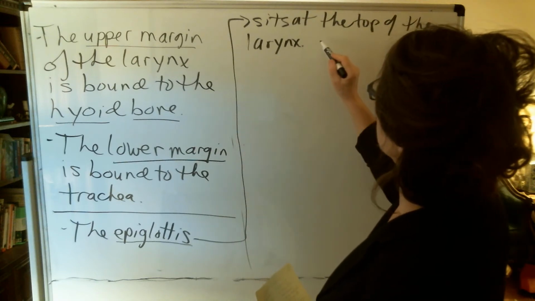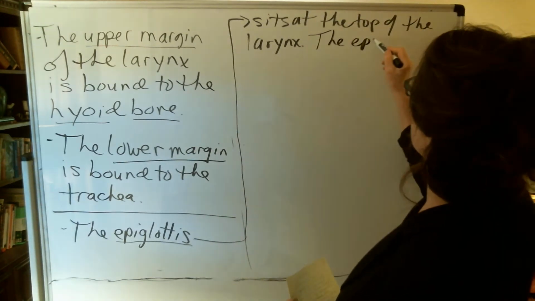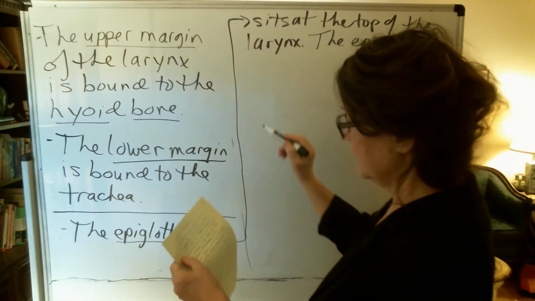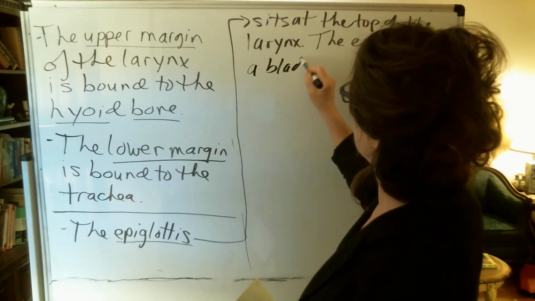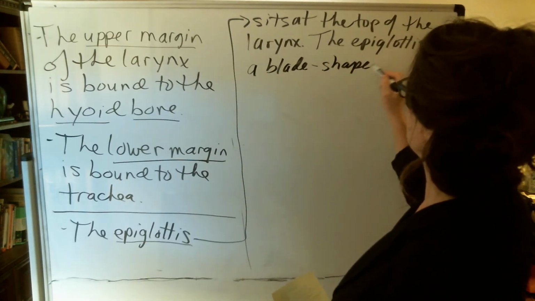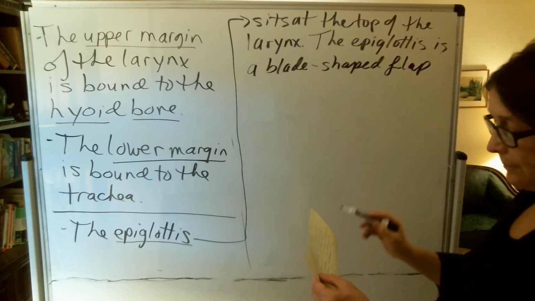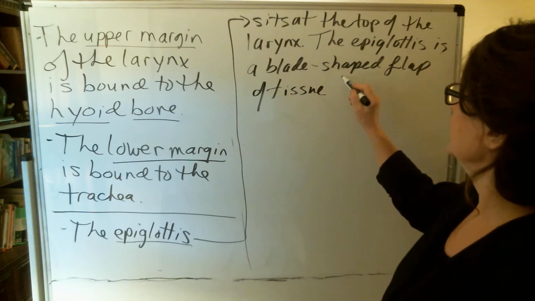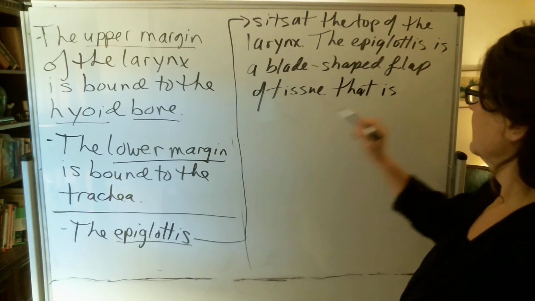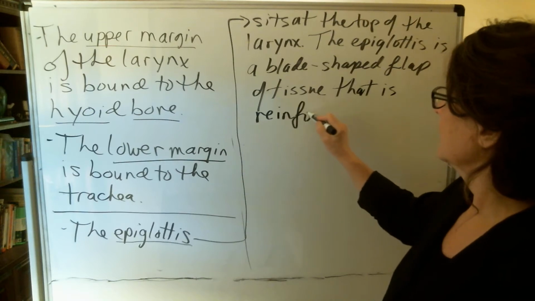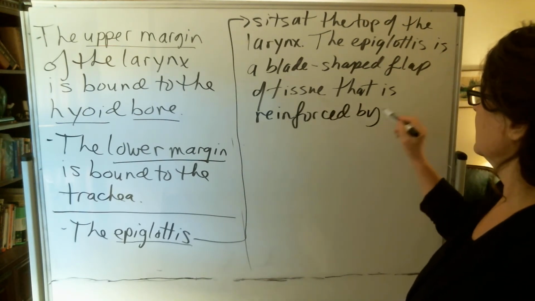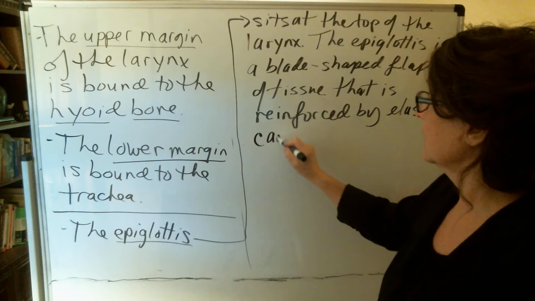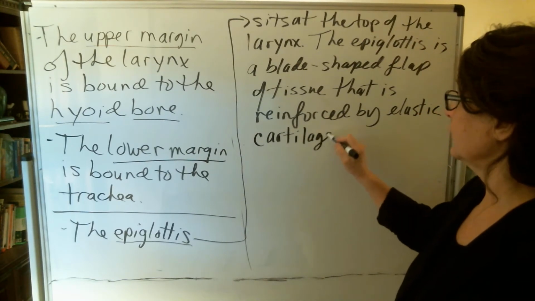So we have the epiglottis here, and the epiglottis then is a blade-shaped flap, basically, of tissue that is reinforced by elastic cartilage.